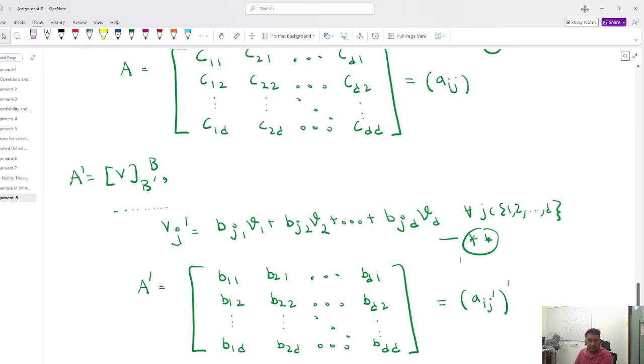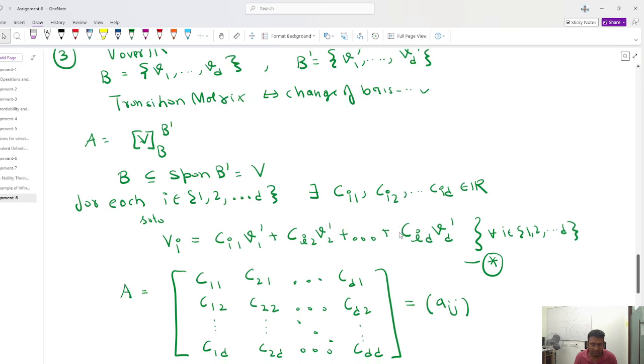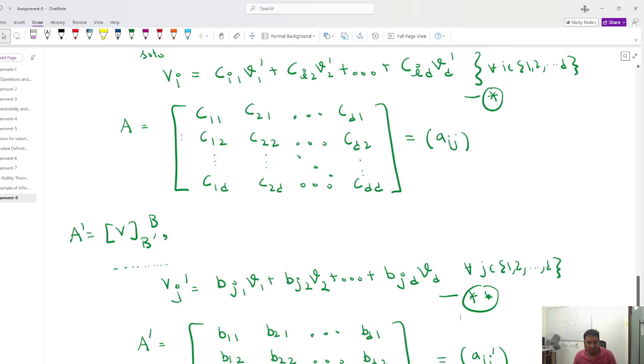Okay, so let us see what I can do. Now, this vector vi, what you can do is substitute these vi's in double star, right?